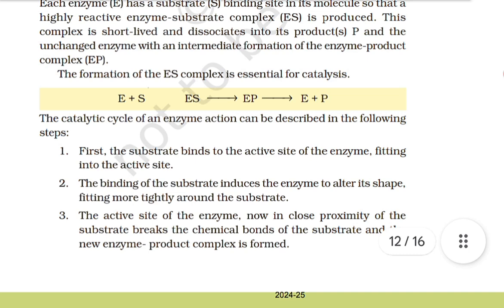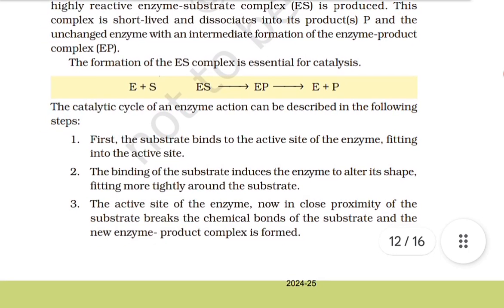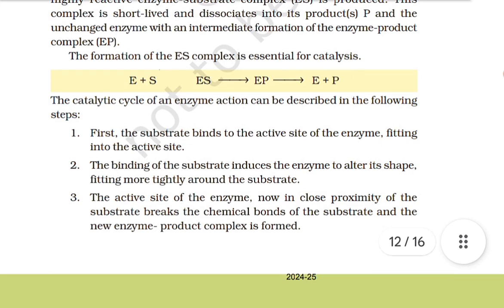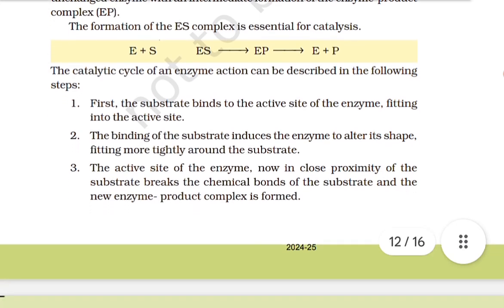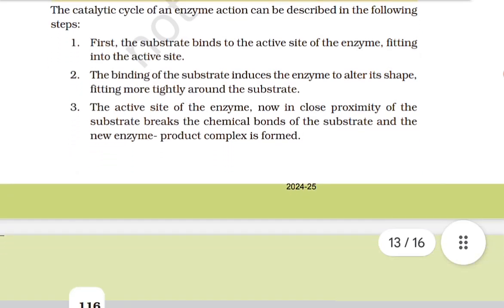Catalytic activity is lost when the cofactor is removed from the enzyme, which testifies that they play a crucial role in the catalytic activity of the enzyme.